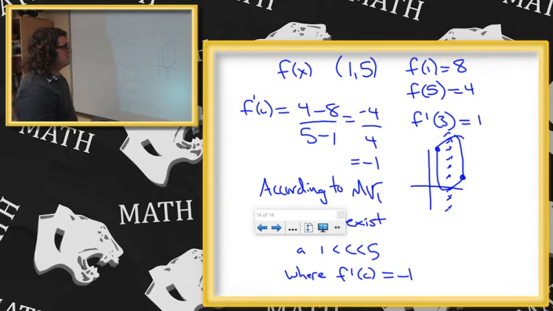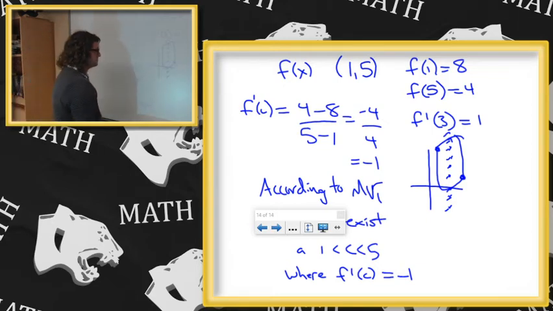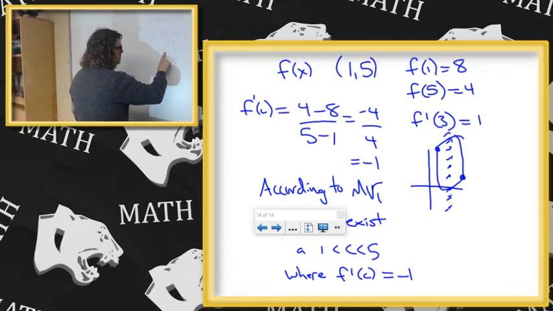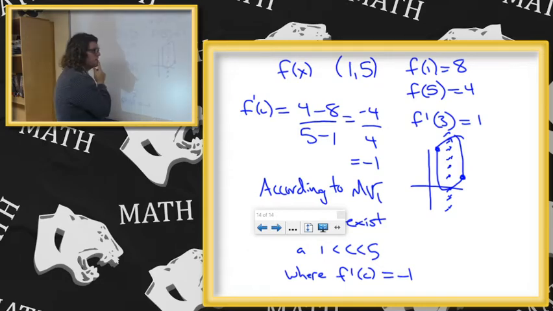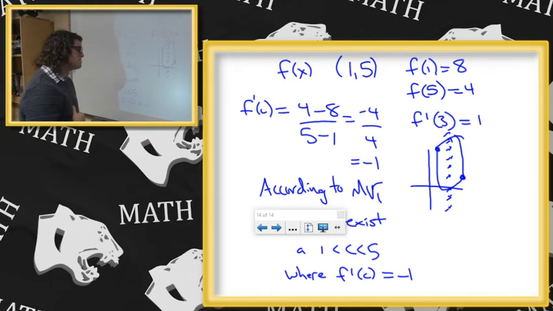And for that to happen, in order for you to come down and then go back up, if you have a negative slope to begin with, then you have a positive slope after that. There has to be a slope of 0 somewhere in that interval.